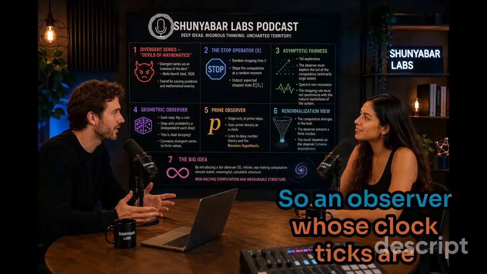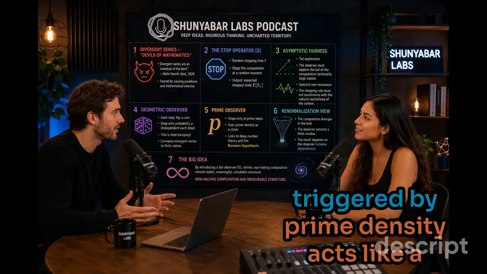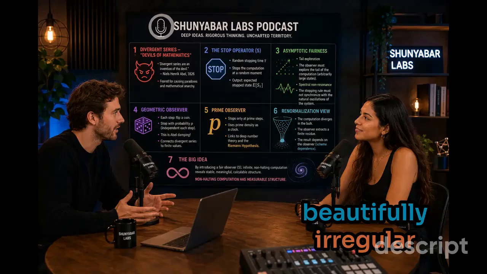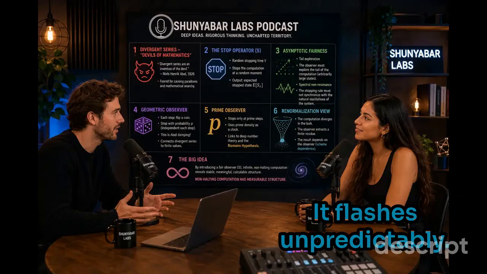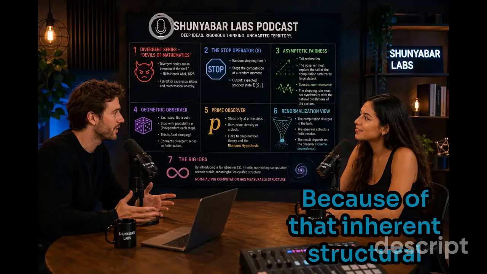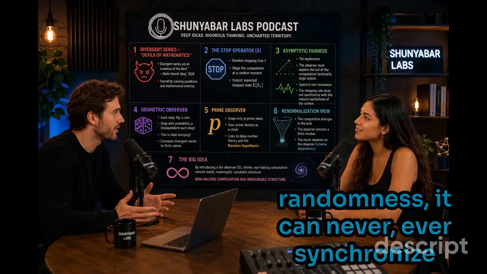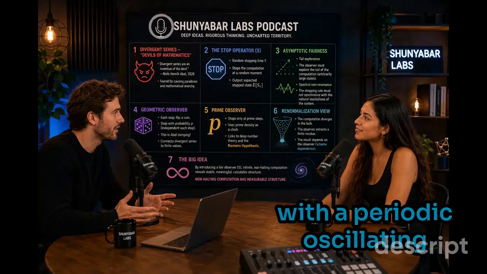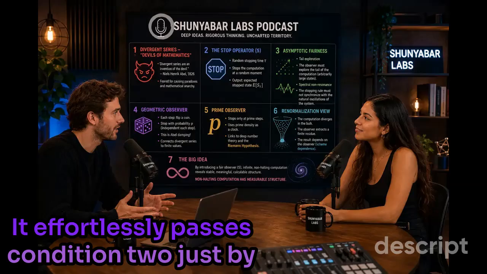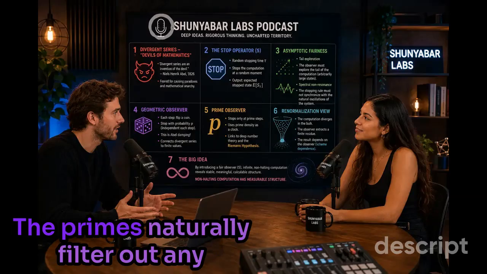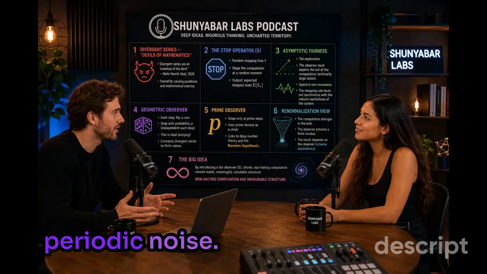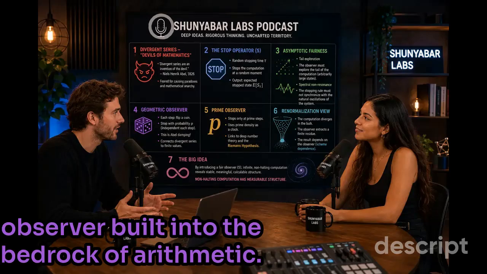So an observer whose clock ticks are triggered by prime density acts like a beautifully irregular, stuttering strobe light. It flashes unpredictably. Because of that inherent structural randomness, it can never ever synchronize with a periodic, oscillating algorithm. It effortlessly passes condition 2 just by the inherent nature of being prime. It's so cool. The primes naturally filter out any periodic noise. They are an intrinsically fair observer built into the bedrock of arithmetic.